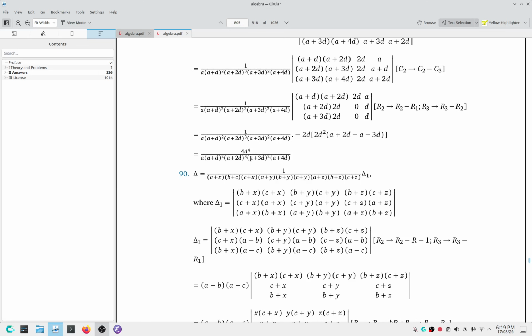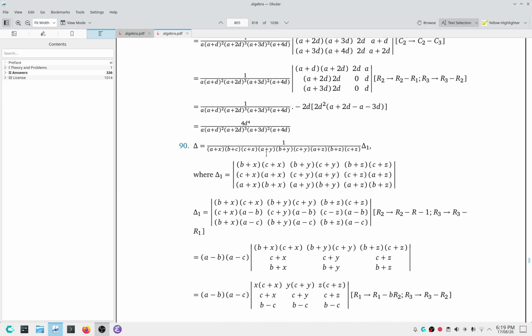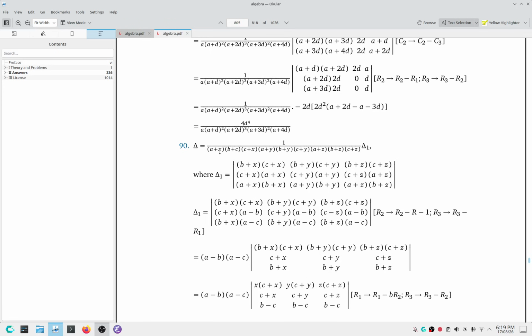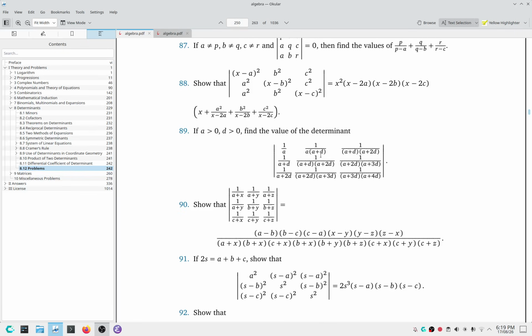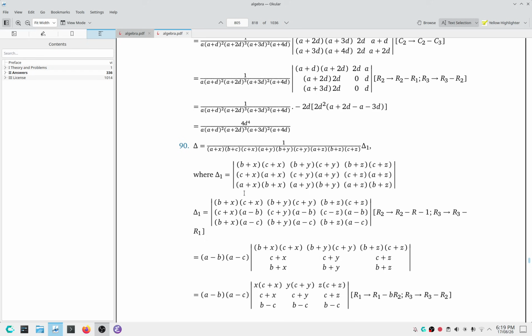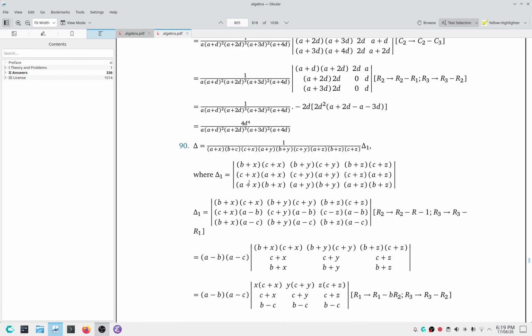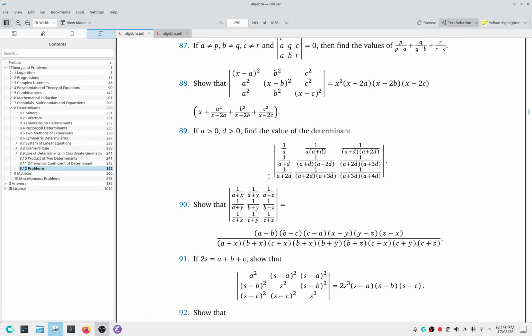So what we do here is we take this determinant and we multiply the first column by a plus x, b plus x, c plus x.